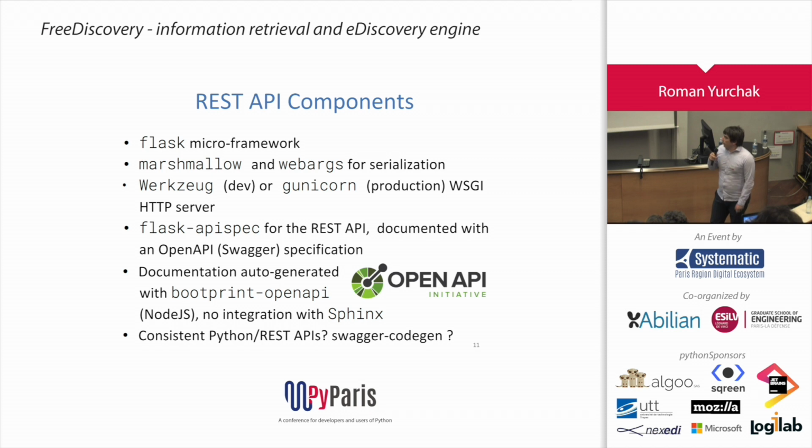Another solution is to build a client library in Python for this REST API. For instance, you could use Swagger CodeGen, which is a library that can generate a client library in a number of languages based on the OpenAPI specification. But that seems a bit complicated and not very robust.